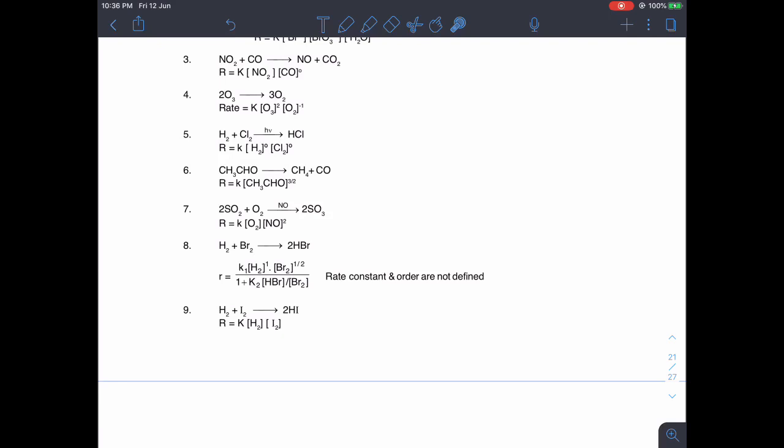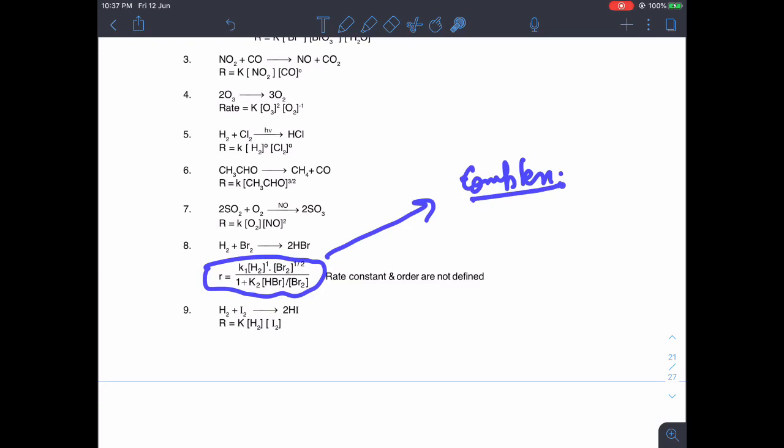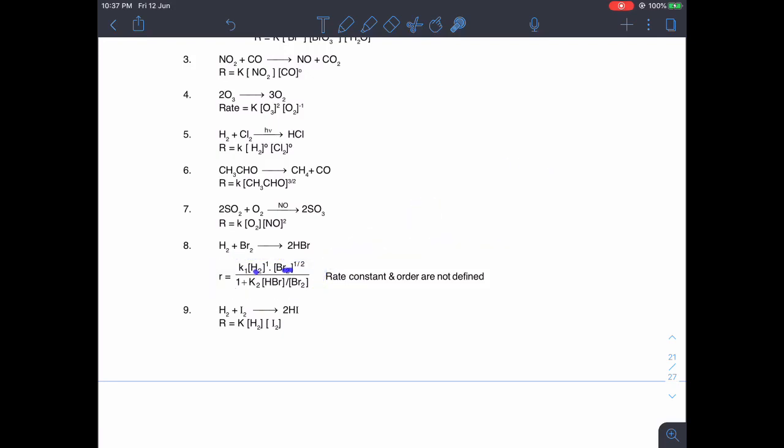Now, similarly look at this, here we are getting the order to be fractional, 3 by 2. Now, one of the very interesting cases is this one, and its mechanism is very complex, guys, it is not a very simple mechanism, and since it is very complex you can see how the rate value is defined. So, can we define order? Answer is no. See how it is, the product of these two divided by 1 plus K2, how will you figure it out, right?